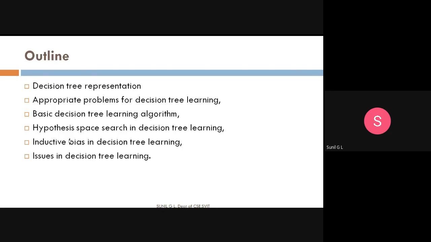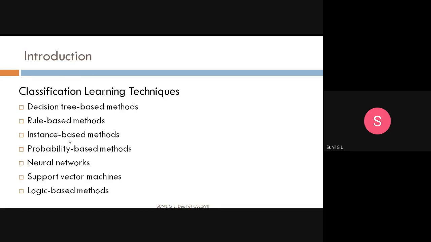First, we will discuss how we will represent the decision tree, the different types of classification techniques, and all those things in today's class. We already know that in machine learning we have two main types of techniques, that is supervised learning and unsupervised learning.